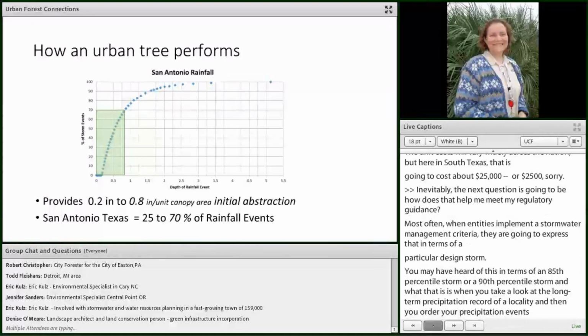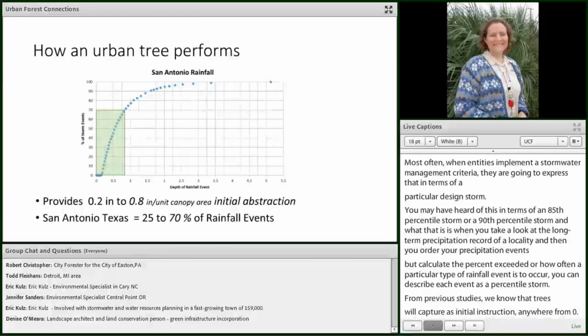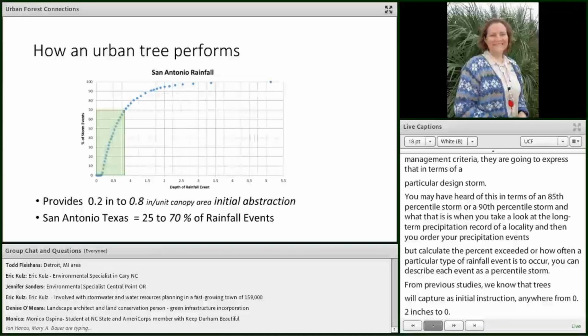From previous studies, we know that trees will capture as initial abstraction anywhere from 0.2 inches to 0.8 inches. And when we overlay that with a rainfall record, for instance, the example in San Antonio, we can see that this would represent anywhere from about 25% to 70% of total rainfall events.